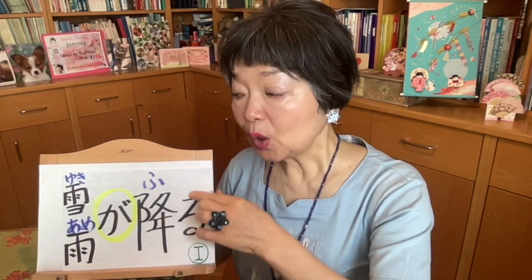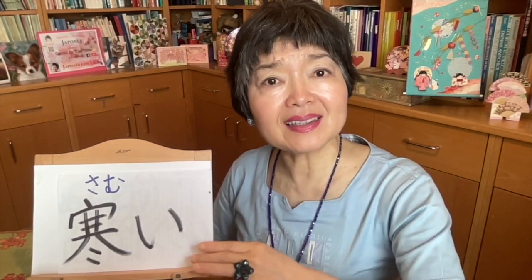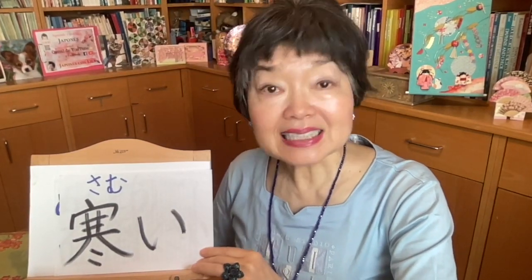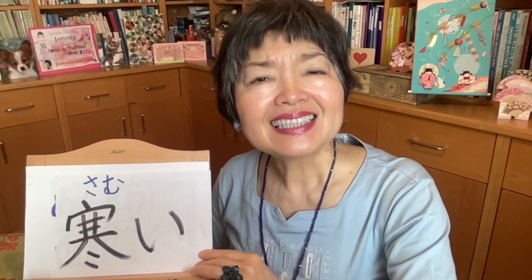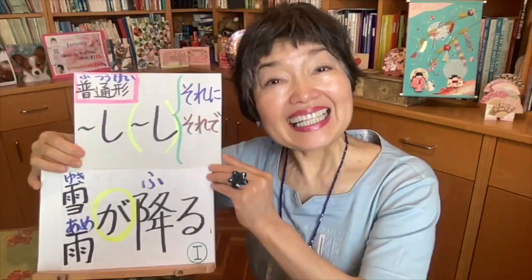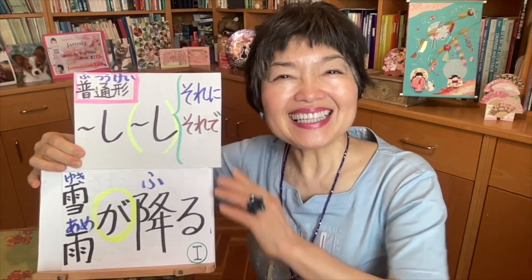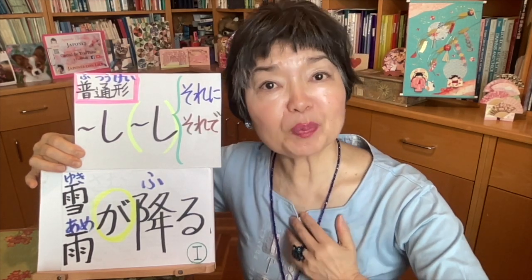雨が降っていて、寒くて、めんどくさかったから。Now the same sentence using し. In this case, it's my own opinion.